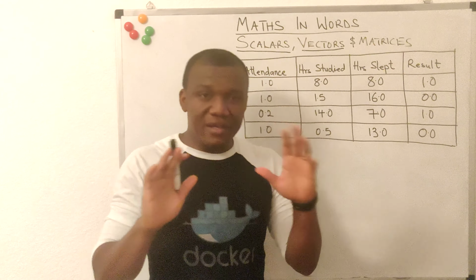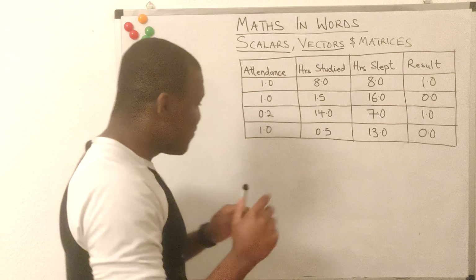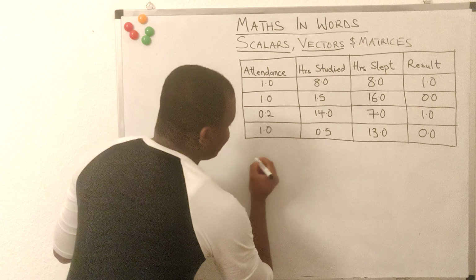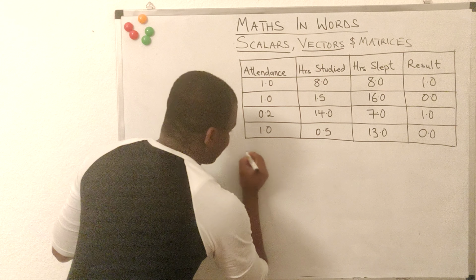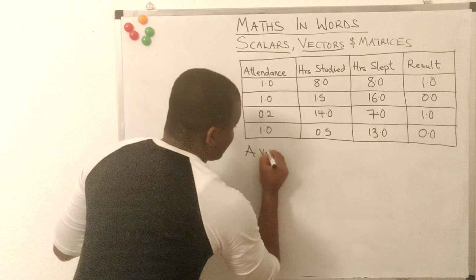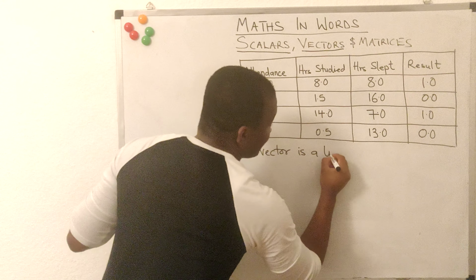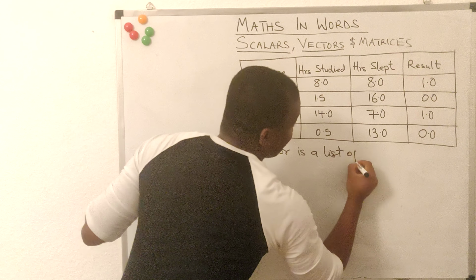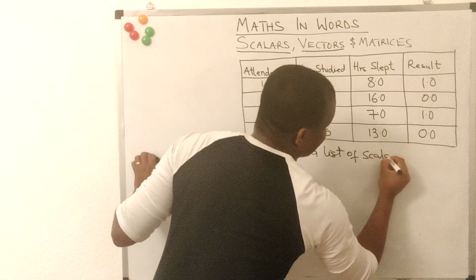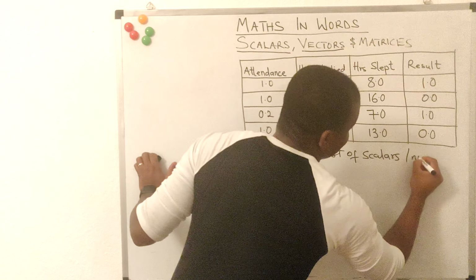In plain English, a vector is just a list of scalars. So a vector is a list of scalars or numbers.